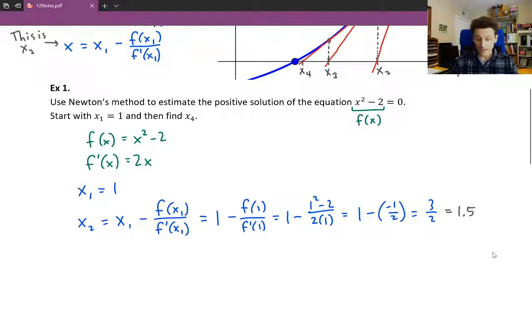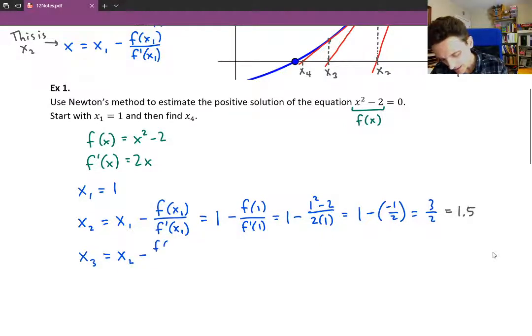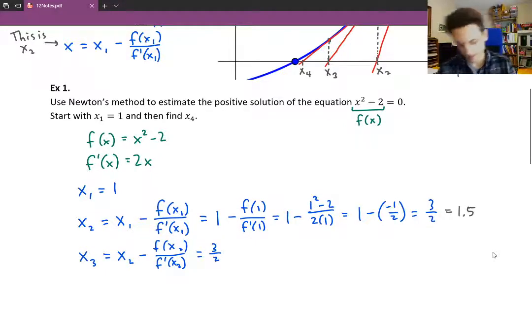Okay, so there's x2. Let's plug x2 into the formula to get x3. x3 will be x2 minus f of x2 over f prime of x2. I'm going to use the fractional version of it. Even though the decimal is exact in this case, I'm just going to use the fractional version because some of the future fractions won't be exact.